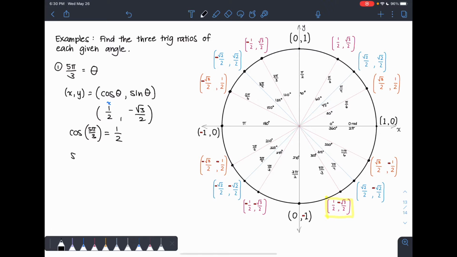And sine of 5 pi over 3 is equal to the y value, which is negative root 3 over 2. Awesome. So what just happened? Looking at this coordinate point, x comma y, that gives us cosine of our angle and sine of our angle. So the only remaining thing we need to find is now tangent of 5 pi over 3.